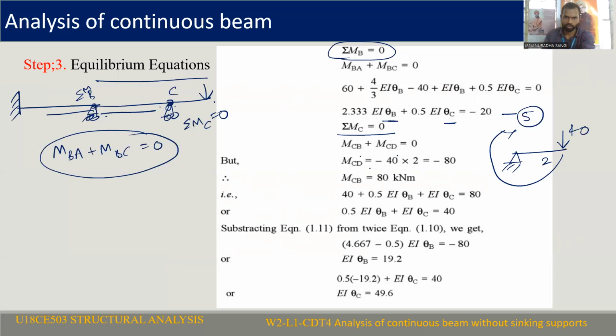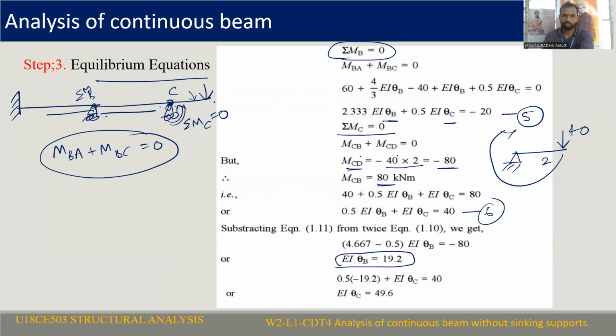MCD is the resisting moment, developed for balancing this applied moment. So MCD is minus 40 into 2, that is minus 80 kilonewton meter, and MCB is equal to 80 kilonewton meter. Balancing that, substituting from equations number 6 and 5, we get EI theta B equal to 19.2.